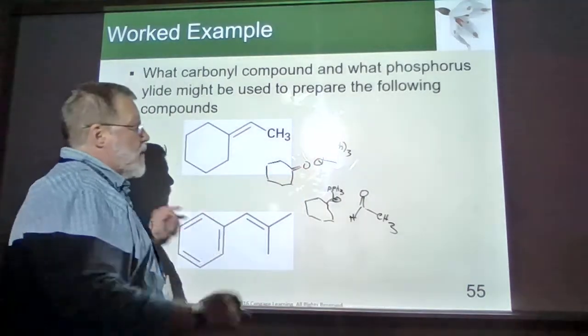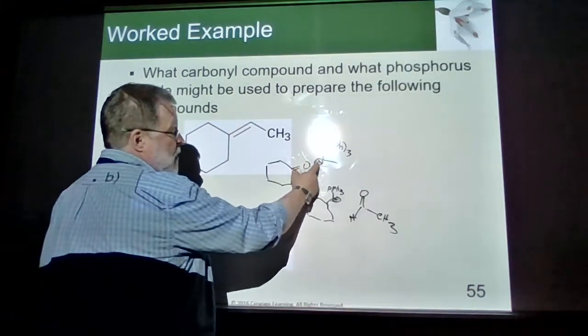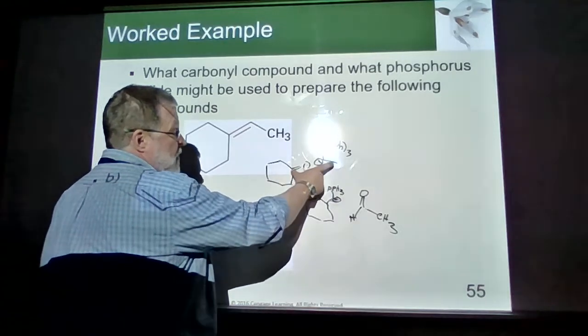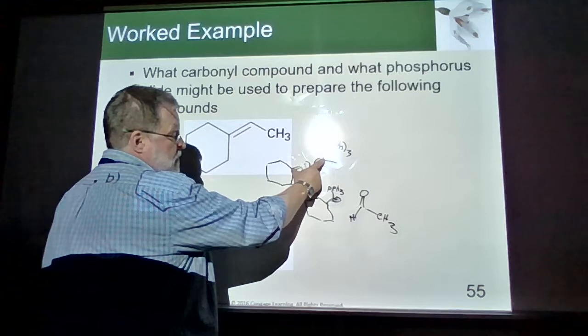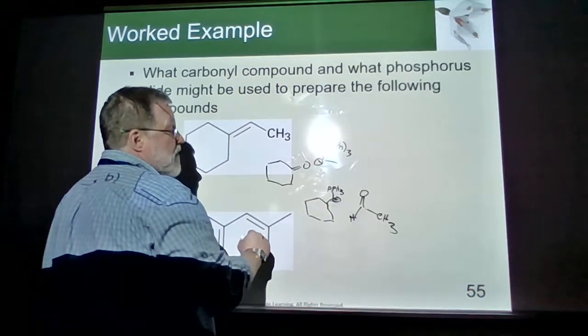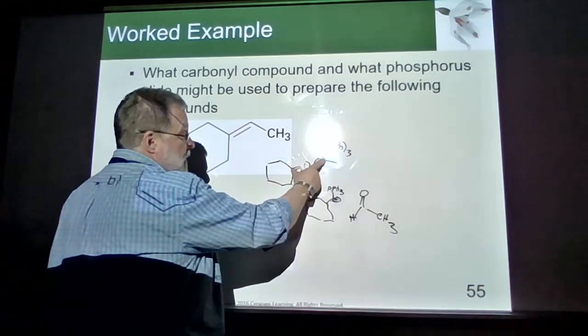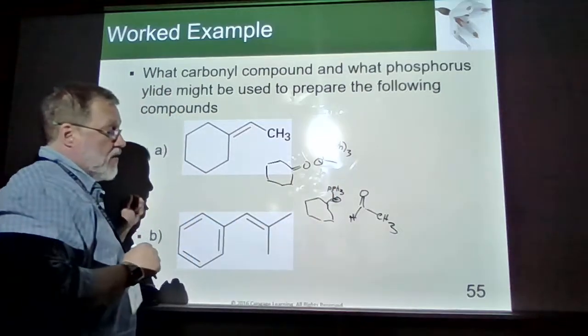If we use this compound, we would get the carbon-carbon bond forming there, and then the double bond would form between these two carbons, losing the triphenylphosphine oxide, creating the double bond and the CH3 group.